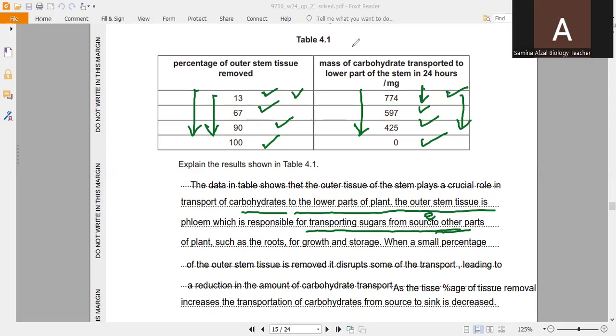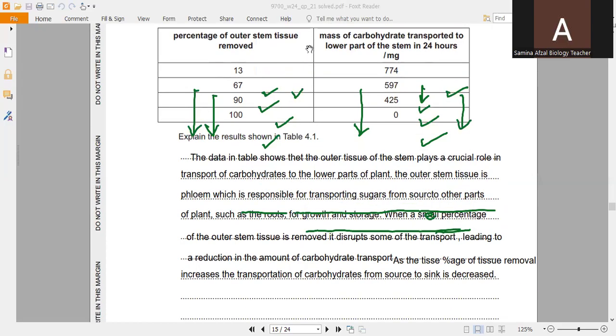So it shows these results. Data of this table shows the importance of the phloem tissue. That is, phloem tissue plays a very crucial role, and it transports the carbohydrates to other parts where they are needed. If they are not transported, it means all functions or all activities of the plants will be stopped, and if they are stopped, it means plants will die.